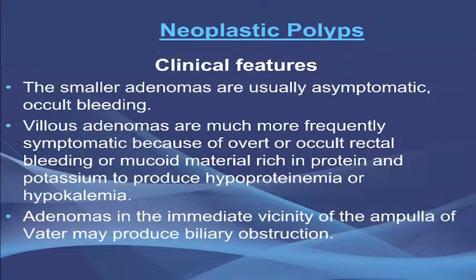So clinical features of neoplastic polyps. The smaller adenomas are usually asymptomatic, but they may present with occult bleeding. So if somebody is screened for occult blood, then it is positive and raises a red flag. The villous adenomas, which are much larger, are much more frequently symptomatic because of overt or occult rectal bleeding, or the copious amount of mucus that may be associated with these tumors.